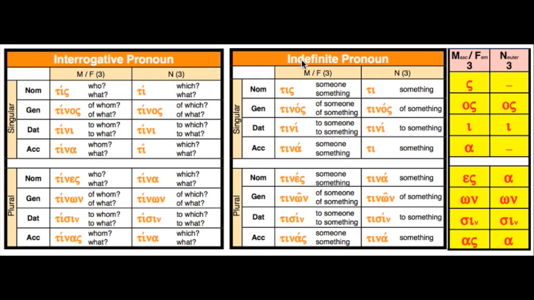Now notice with the indefinite, the forms are identical except for the accent. As we've seen, accent on the first syllable always means interrogative. No accent on the first syllable, indefinite. So let's pronounce these correctly. Tis, okay, but then over here we said tenos. Here we would say tenos, teni, tena, tenes, tenon, tisi, tenos.